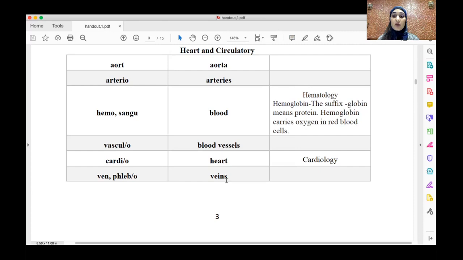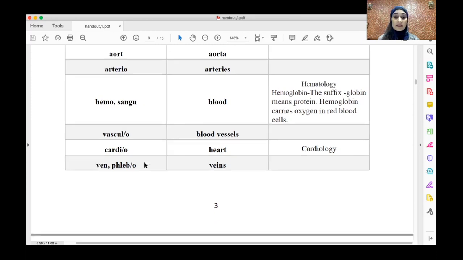We have hemoglobin. As we said, hemo means blood and globin means protein. Hemoglobin carries oxygen in red blood cells. We have vascul or vaso meaning blood vessels. We have cardi or cardio meaning heart, like cardiology. We have ven or phleb meaning veins.